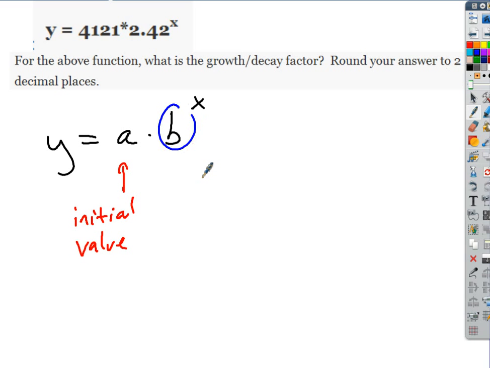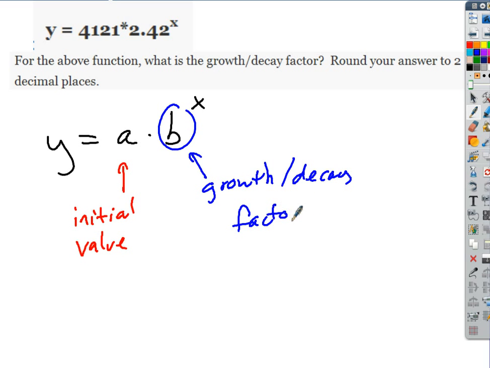The number that's being taken to the power of x is what we call the growth or decay factor. And x is the variable, but usually it's a time.